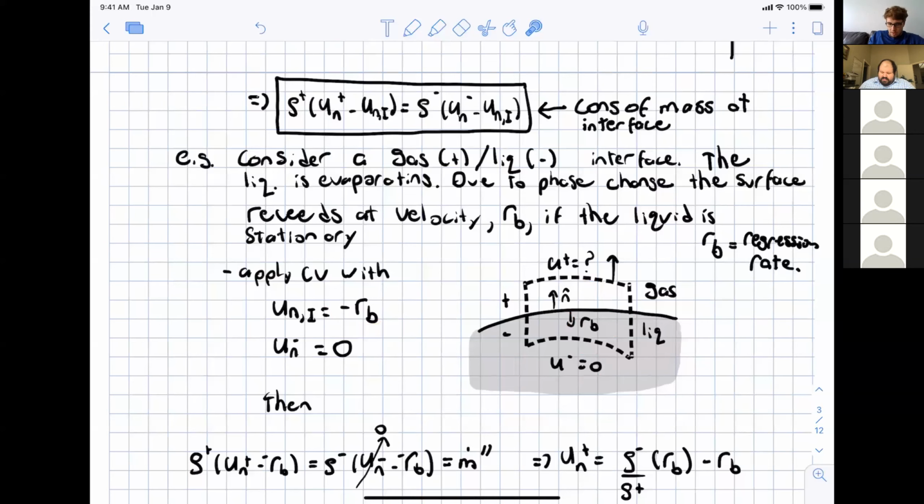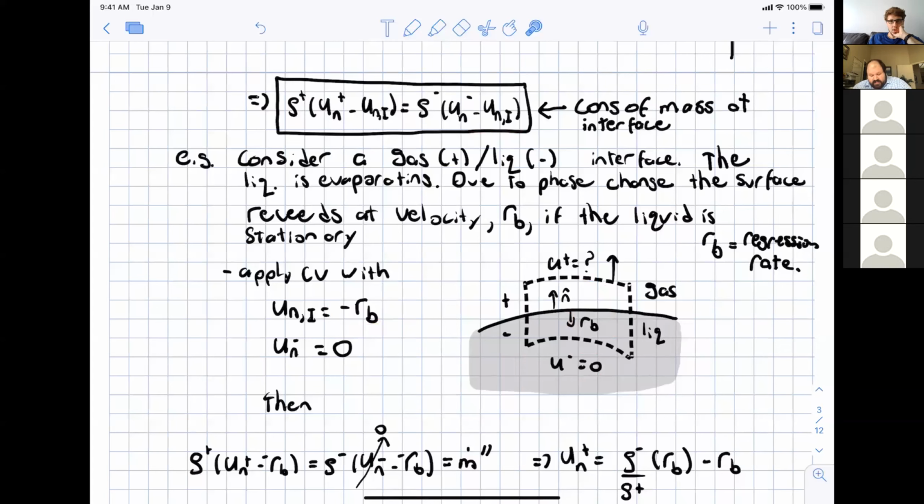If you were to assume r_b goes up for an evaporation problem, it should be fairly obvious that you made that mistake after you work through conservation of mass and realize that everything is backwards. But there is some intuition that you need to apply for this.